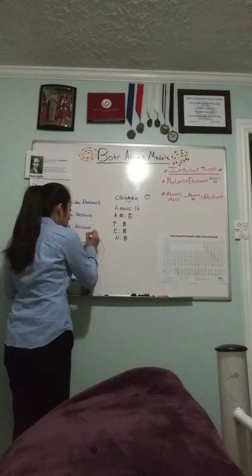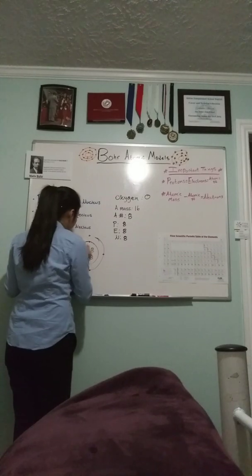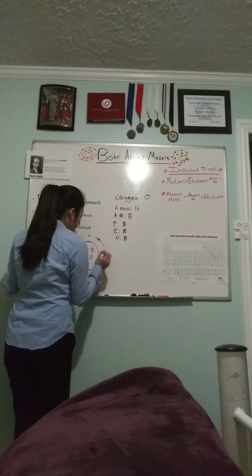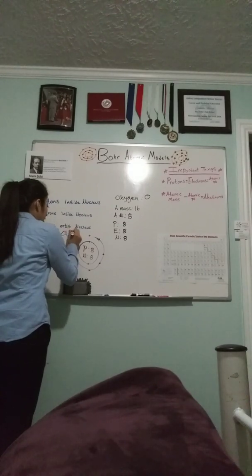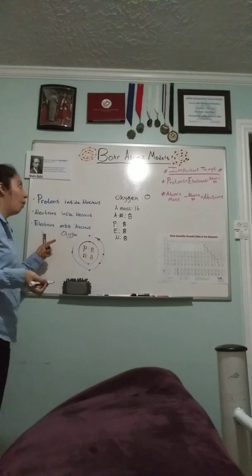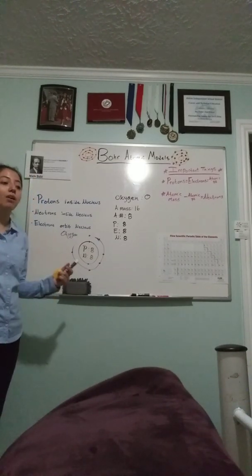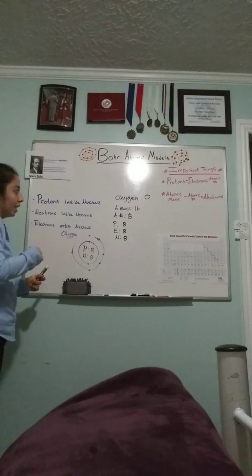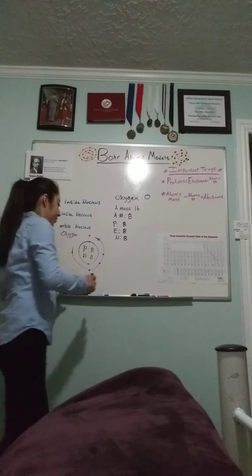So we already have 2, 3, 4, 5, 6, 7, 8. This is oxygen, the Bohr atomic model. Now let's look at somebody else so they could try their atomic model on the board.